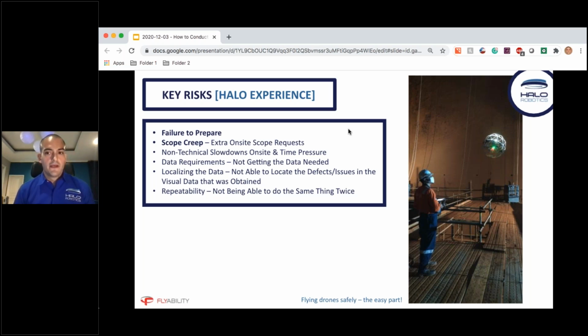And scope creep. I think this is a key executional, operational risk. It happens so many times that we are on site and you inspect one tank, as an example, and this has gone really well. And because there's still some time left in the day or the shift, the users or the asset owners or operators want to introduce some additional scope.